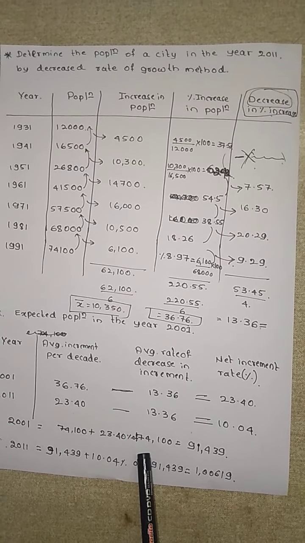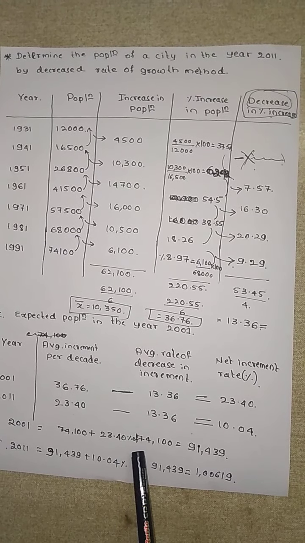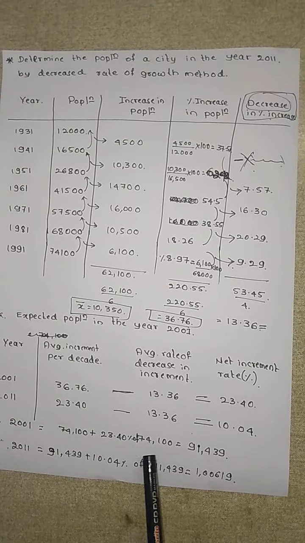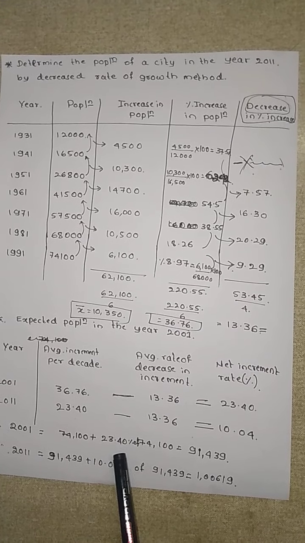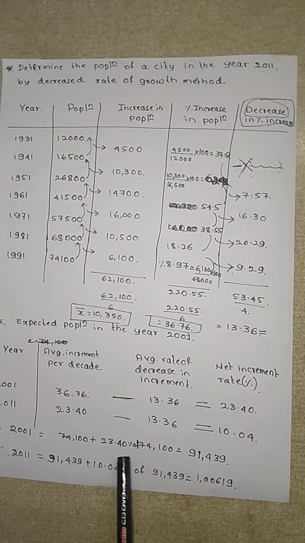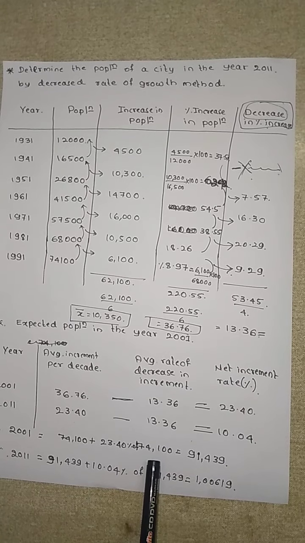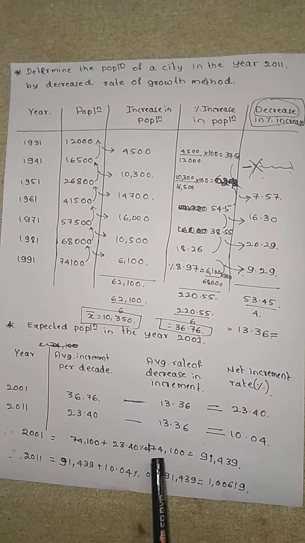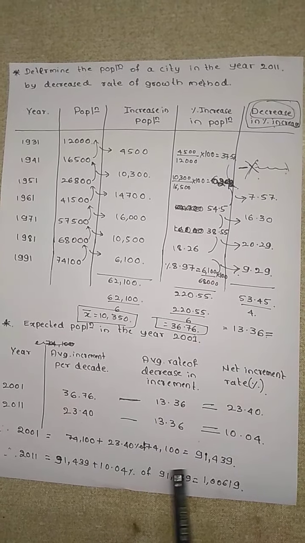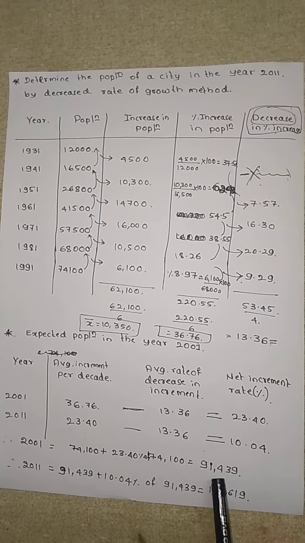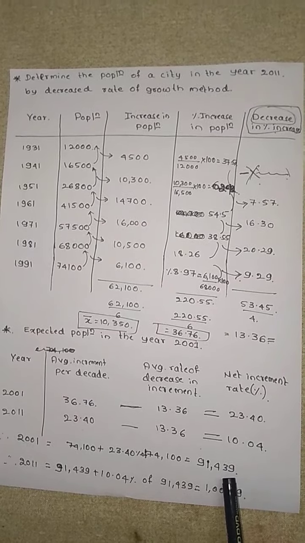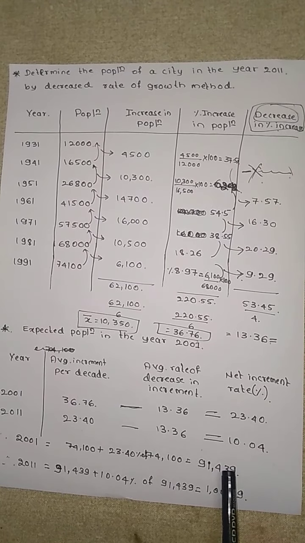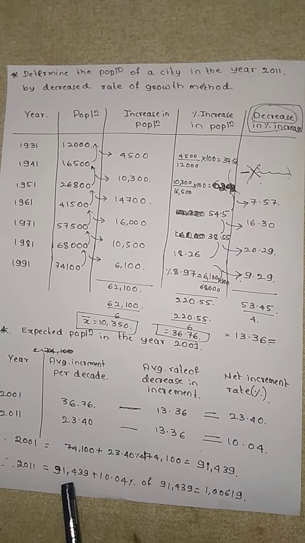That means 23.40% of 74,100. So if we add it, we will be getting it as 91,439. So 91,439 will be the last known decade population. So we are carrying on here.